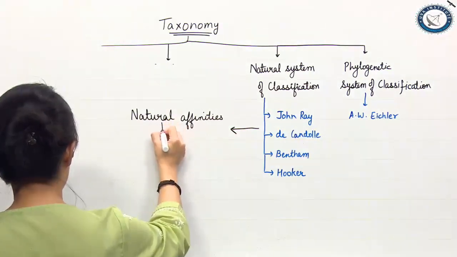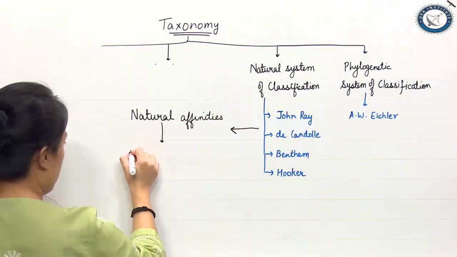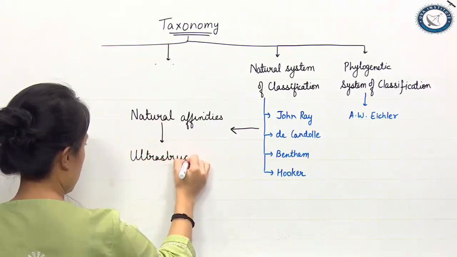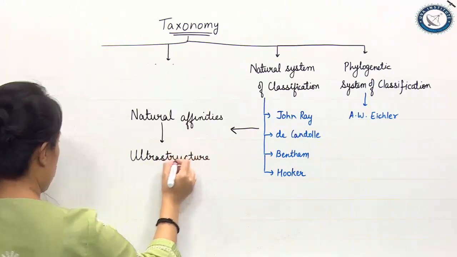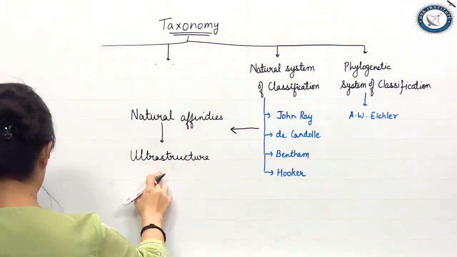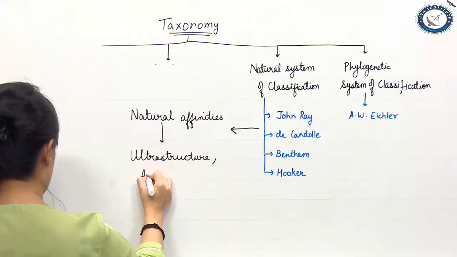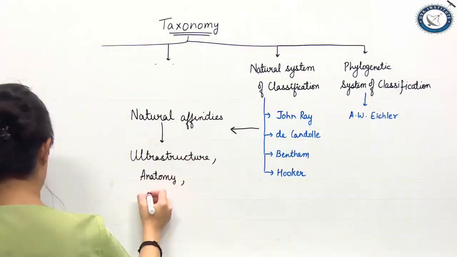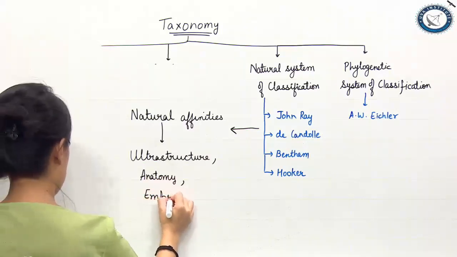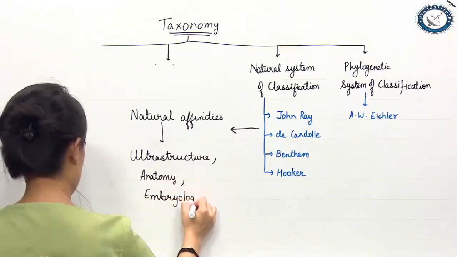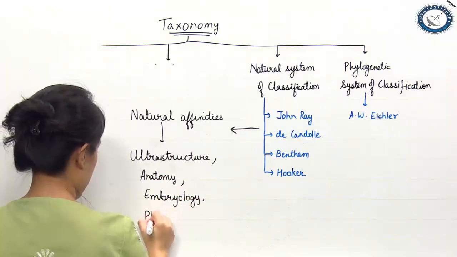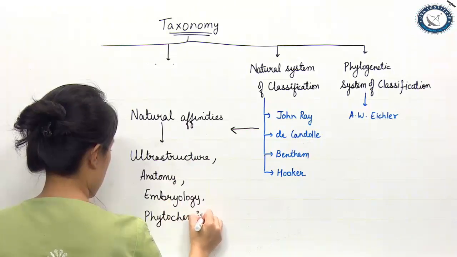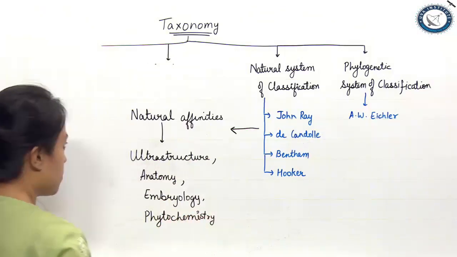When we talk about natural affinities, that means we are talking about ultrastructure, anatomy, embryology, phytochemistry.